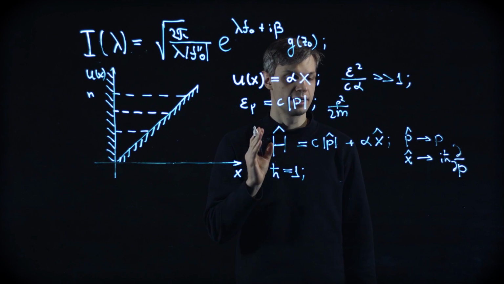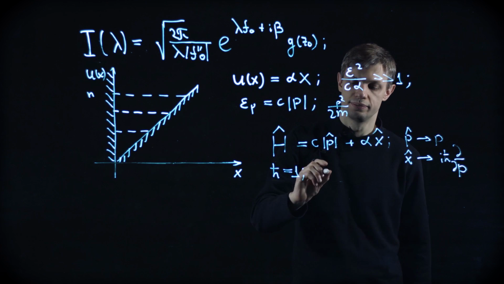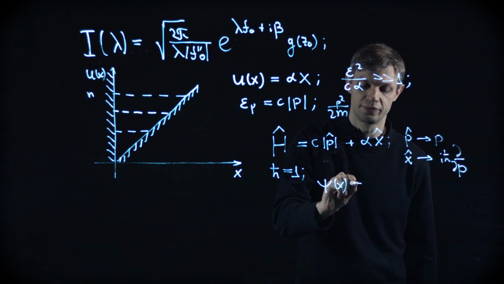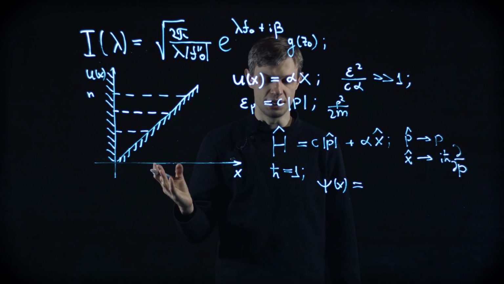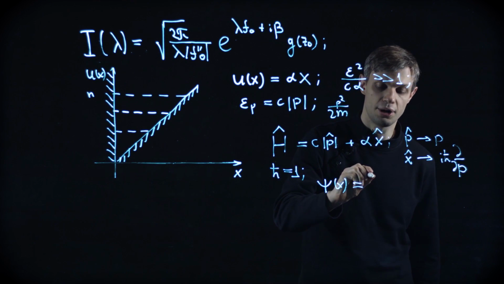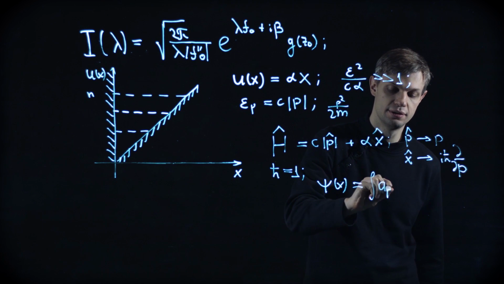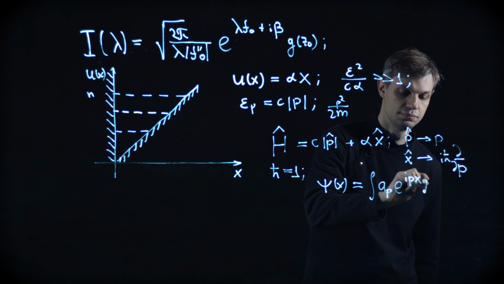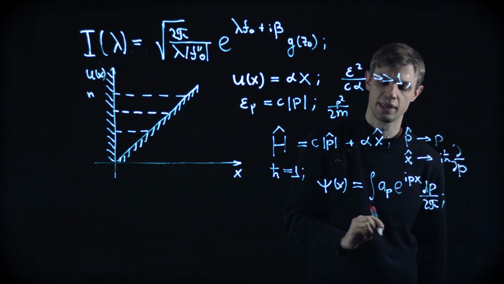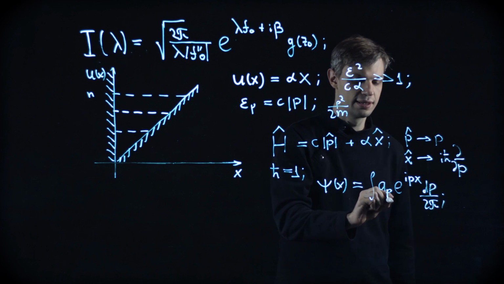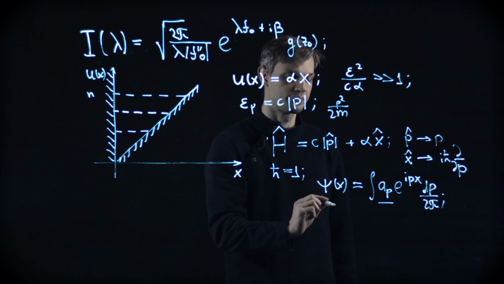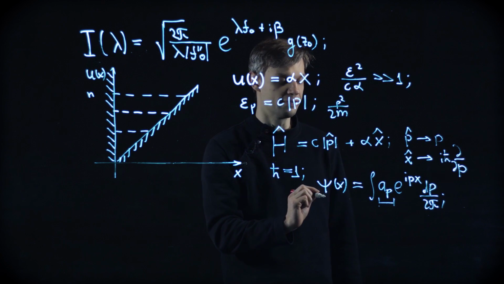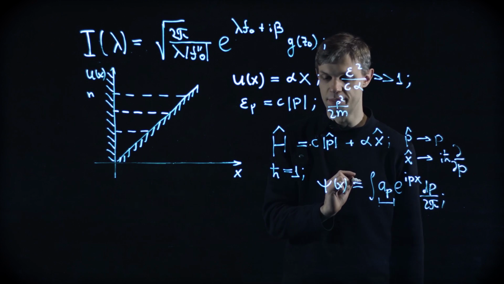OK, so let's start. I hope you know that the wave functions in coordinate representation and in momentum representation are related by a Fourier transform. So our goal would be to find this Fourier component of our wave function, or the wave function in momentum representation.